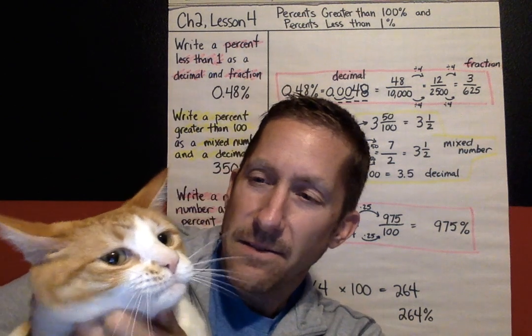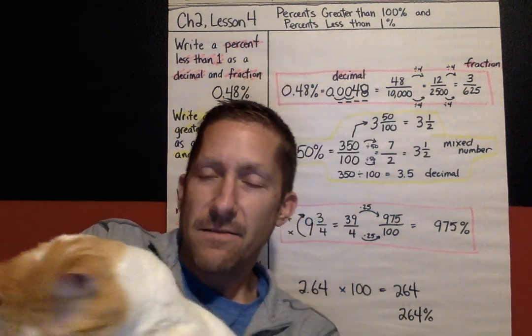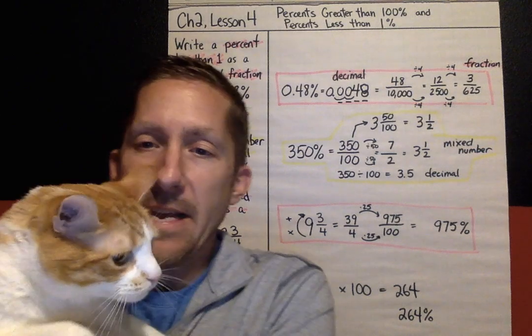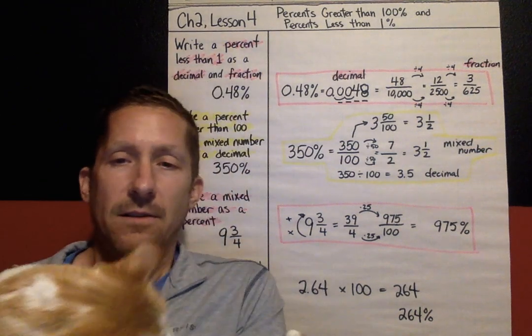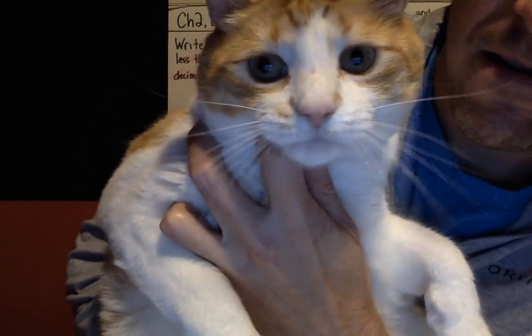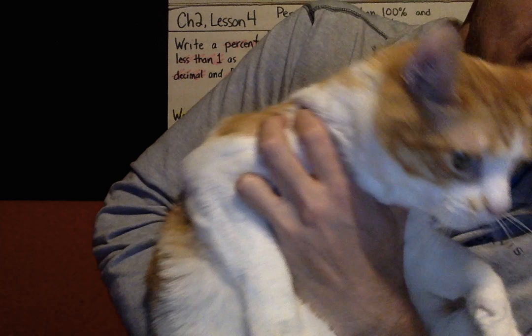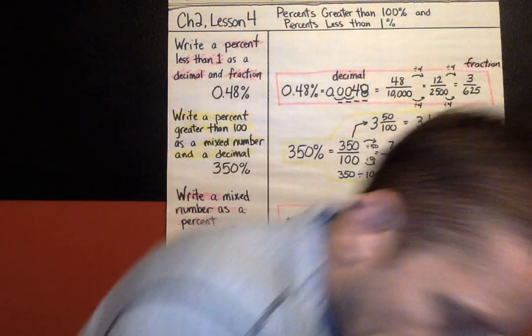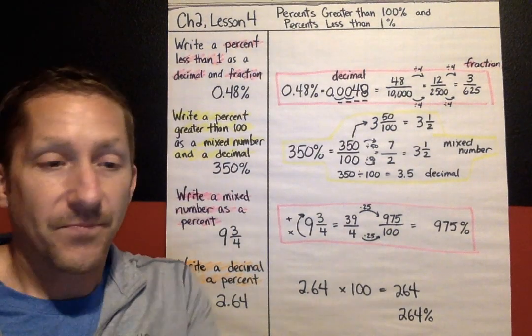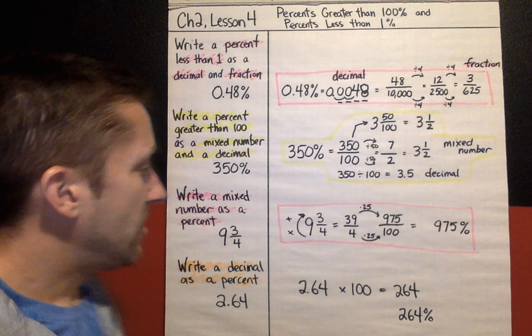Can you say hi? Come on. Say hi to everybody. Look, right there. There's the camera. We'll get him to say hi. He's purring. Can you say hi? There we go. Okay. Sorry for that interruption.